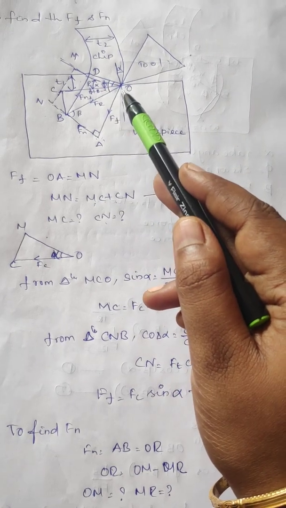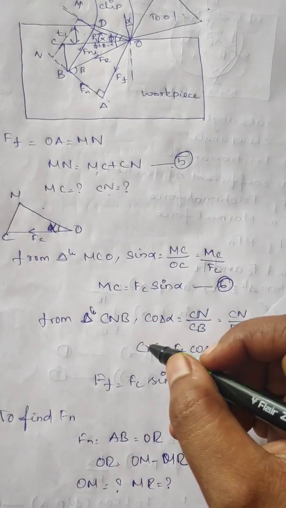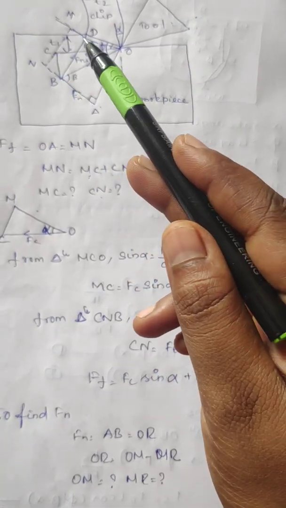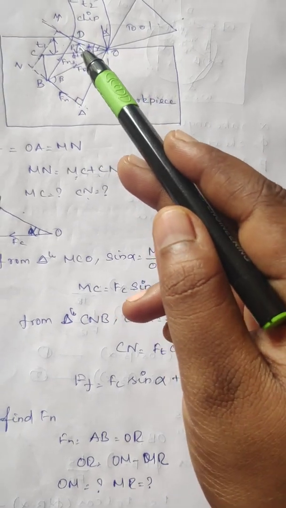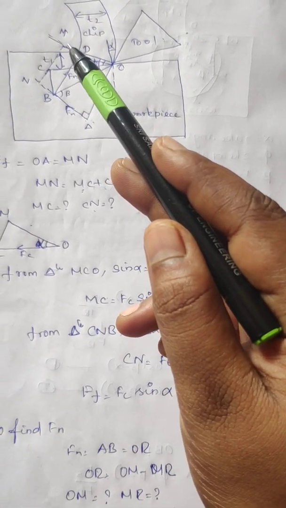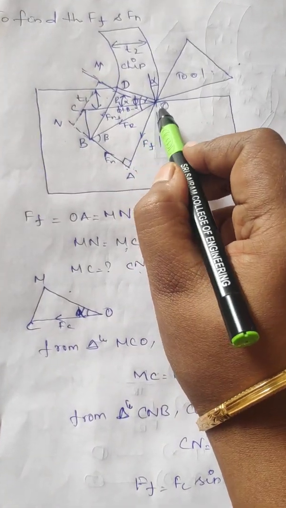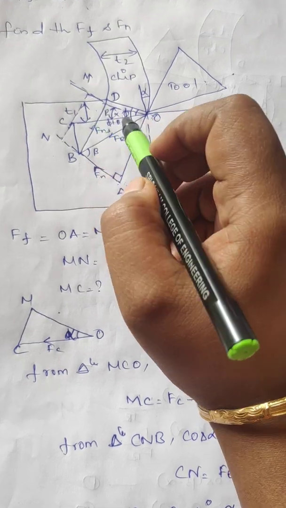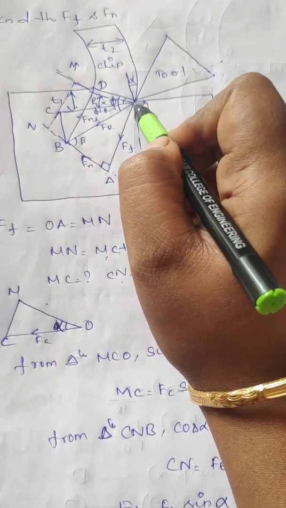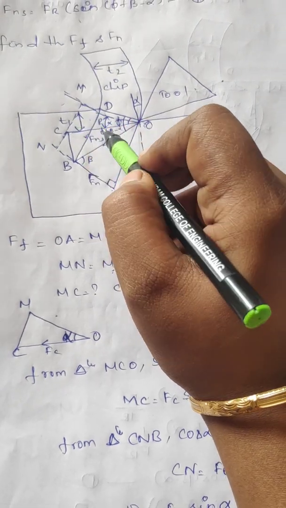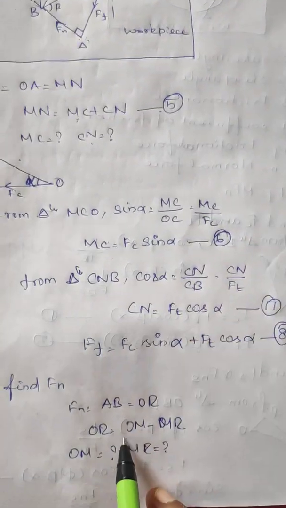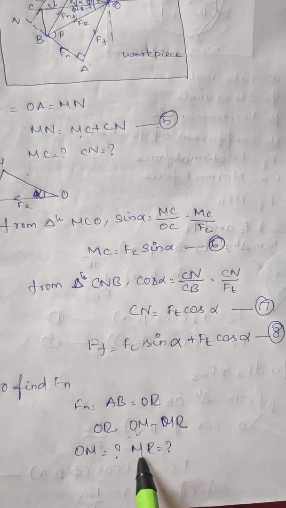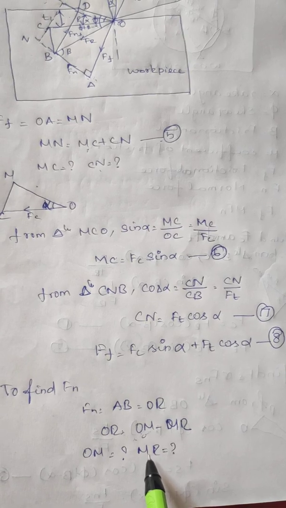If we want to calculate this OR value, we take the entire length OM minus MR. So OR is calculated as OR is equal to OM minus MR. But we don't know the values of both OM and MR.